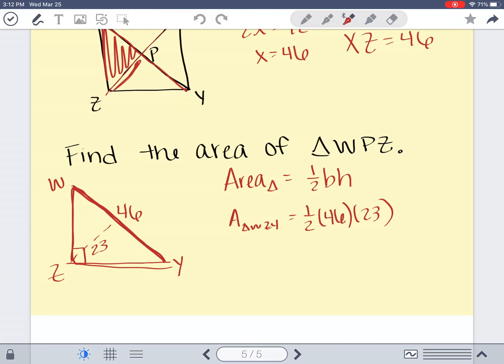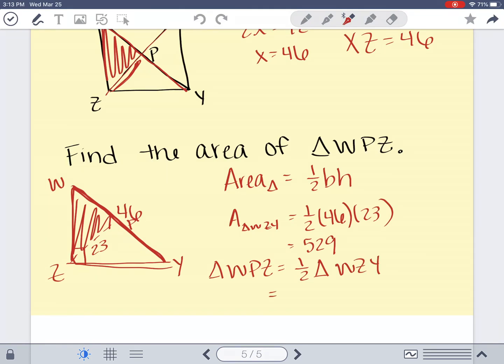So we have 46 times 23, and we're going to take half of that. This is 529, and if you notice, half of that is going to be triangle WPZ. So triangle WPZ is equal to 1/2 the area of triangle WZY.